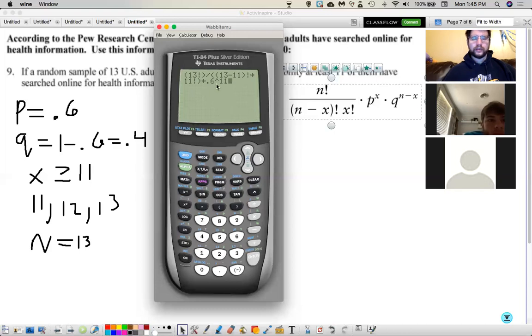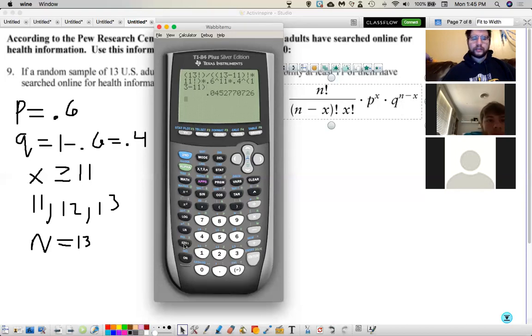This is what it's going to look like on your calculators if you do it this way. Times 0.4. Notice here we have more than one thing for our exponent, so you better put that in parentheses. 13 minus 11. You could just write 2 if you wanted to.